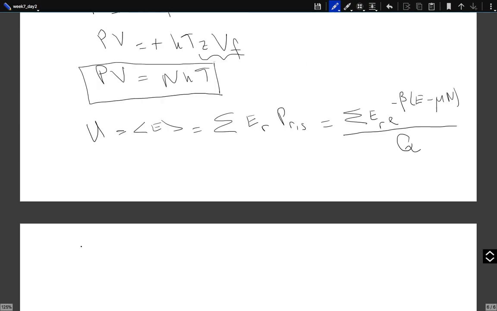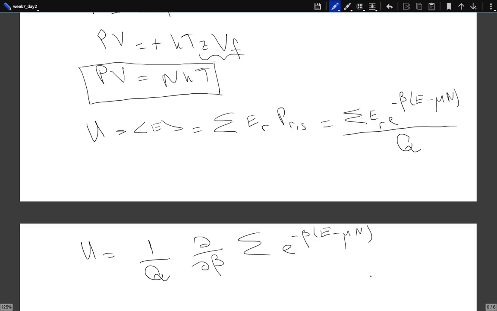So U is equal to, if I take the derivative of Q with respect to beta, well, you see, if I take the derivative with respect to beta, keeping mu fixed, I don't get just E. I also get E minus mu n.